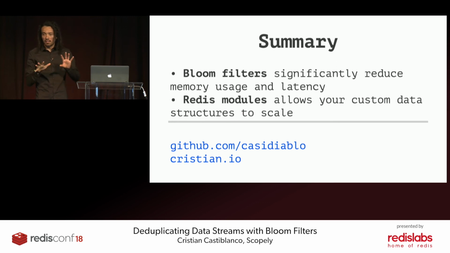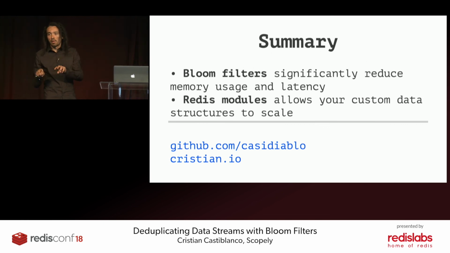It takes your item and passes it through a bunch of hash functions. And that gives you a bunch of random but deterministic bits in different positions on the resulting set, okay?